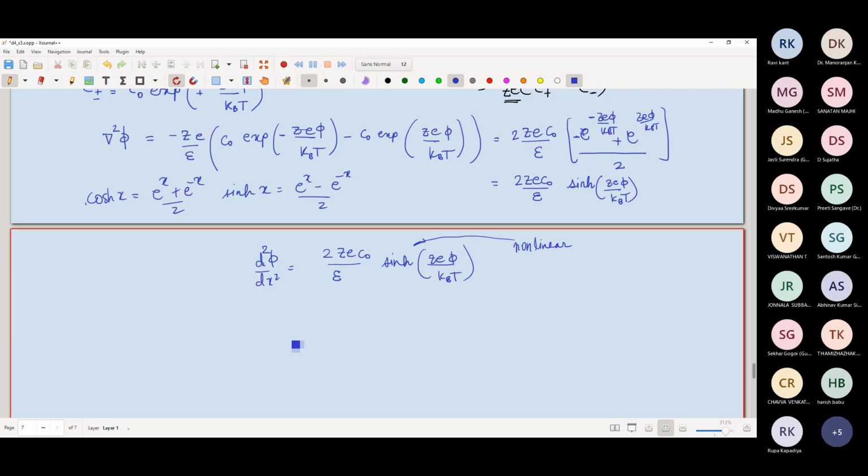You will see that for most of the commonly occurring, naturally occurring phenomena, you can actually linearize this equation. So we proceed with linearization of the equation. This particular equation is called the Poisson Boltzmann equation.